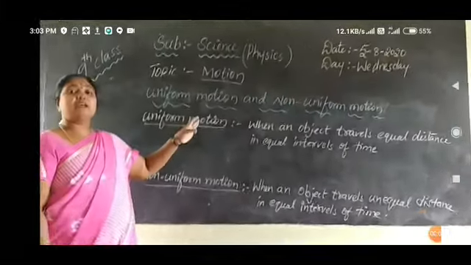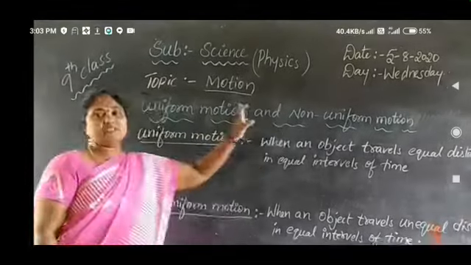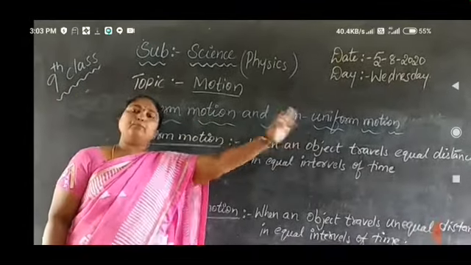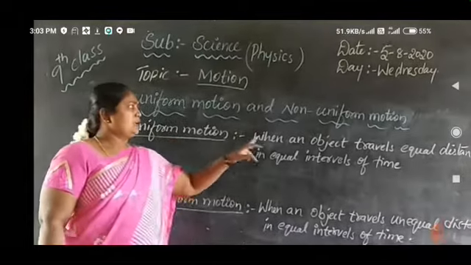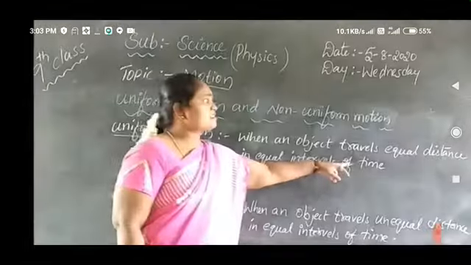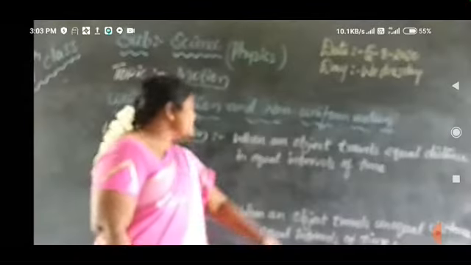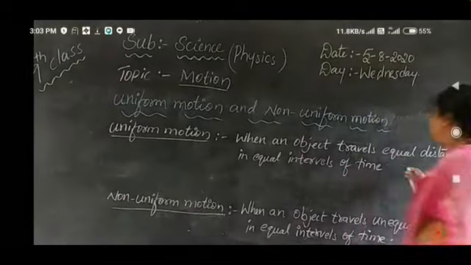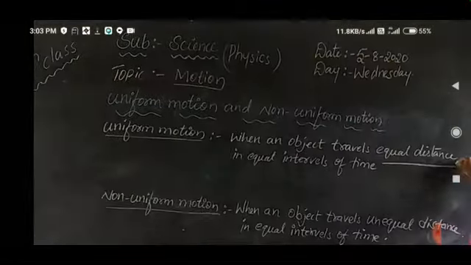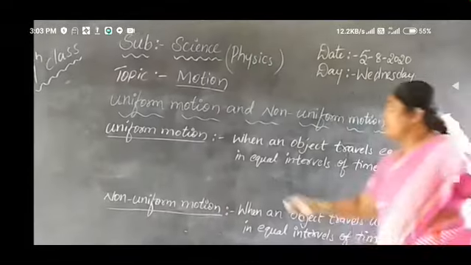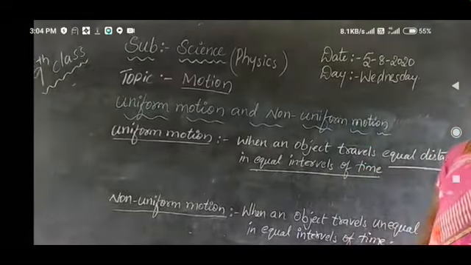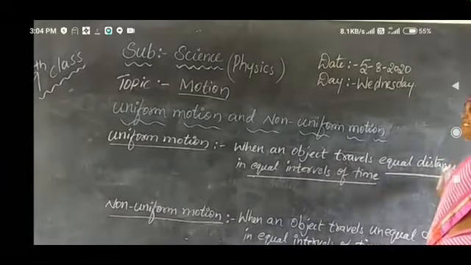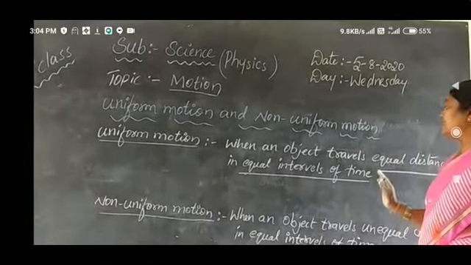Next, let me see about uniform motion and non-uniform motion. Uniform motion: when an object travels equal distance in equal intervals of time.